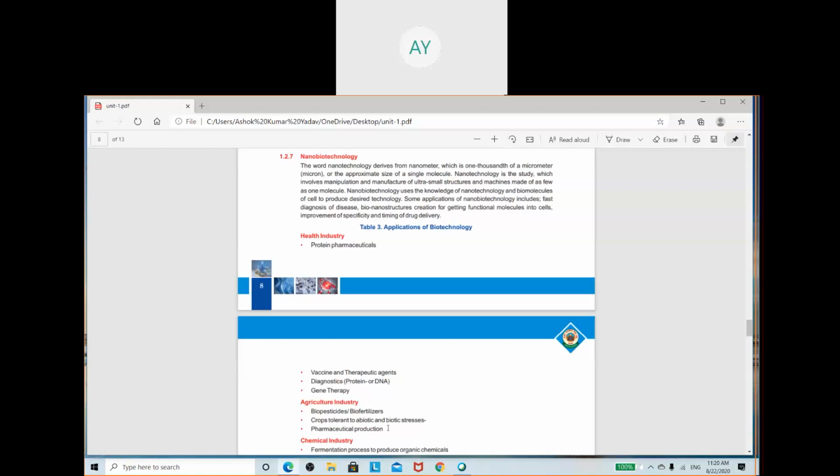CIMAP, Central Institute of Medicinal and Aromatic Plants, is present in Lucknow, and NIPER is present in Mohali. Okay, so these are the institutes where there is production of pharmaceutical compounds inside the plant. This concept is known as molecular farming.